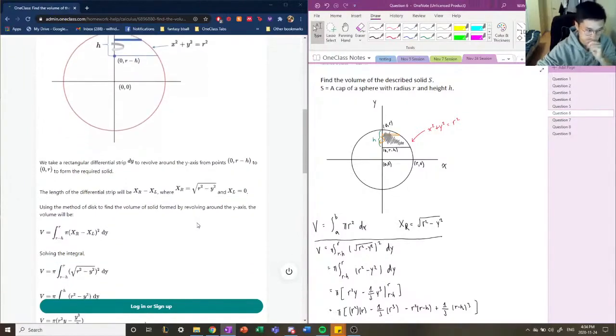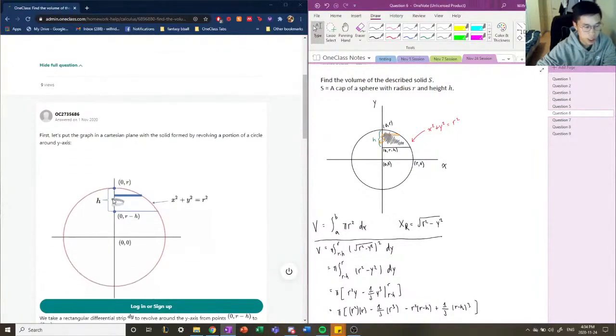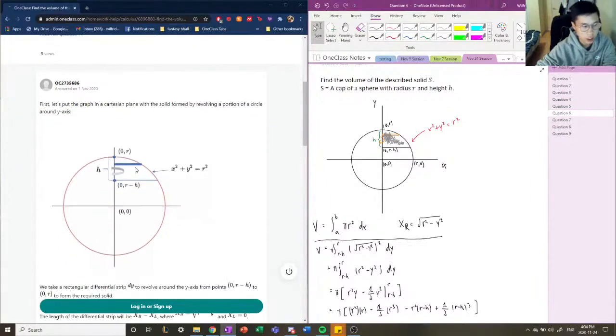Now, using our disk method, because the rule of thumb is that if our differential strip is perpendicular to our axis of rotation, we can use the cross-sectional addition method. The shell method suggests that we use a cylinder method instead, and we add the surface area of all those cylinders.